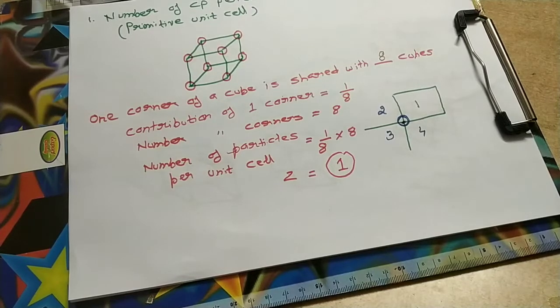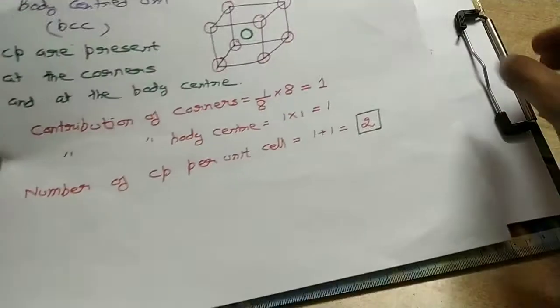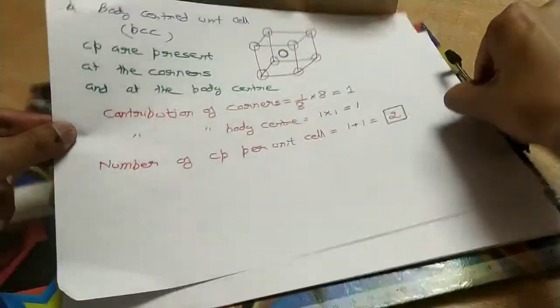ठीक है, देख लो, नोट कर लो स्क्रीन पे ये आपके. Next type is, students, body centered unit cell.